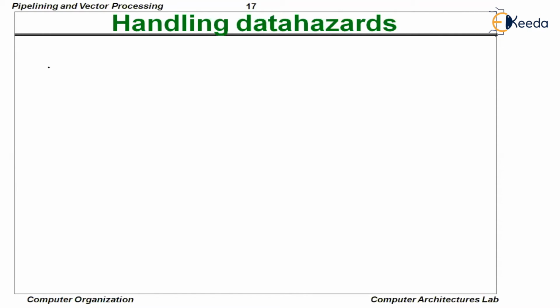The data hazards can be handled in 3 different ways. The first one is hardware interlock. The second one is operand forwarding.